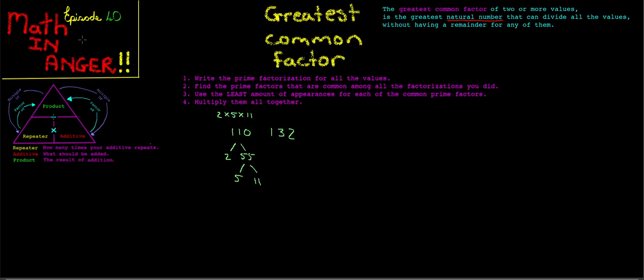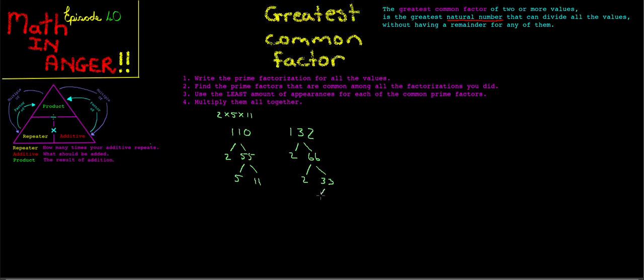All right? Now let's go and do that for 132. That is even. We can use 2. That leaves us with 66 on this side. Still divisible by 2. That leaves us with 33.